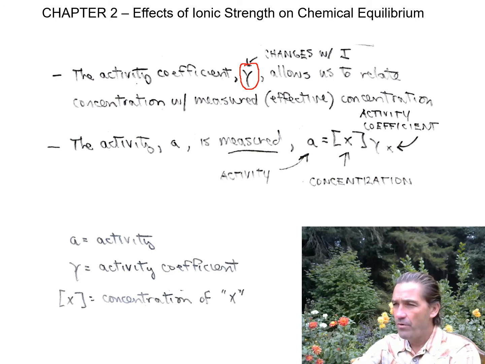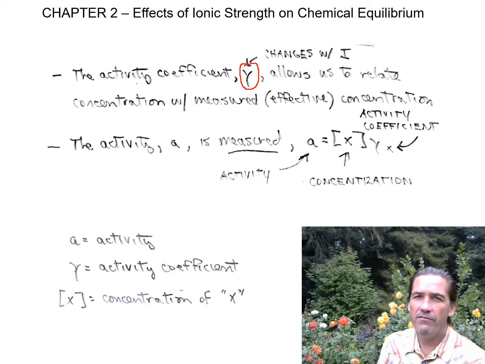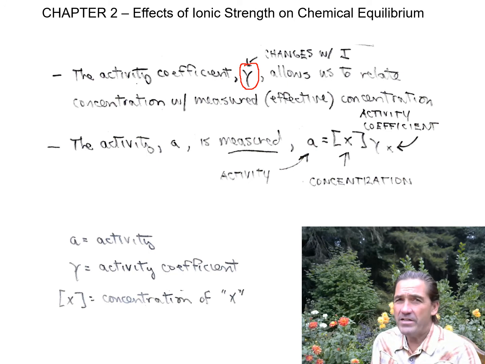And so what we're going to do now is kind of change our definition of equilibrium. We're actually going to use the proper definition of equilibrium. And so rather than in an equilibrium expression, we use concentrations. The actual definition uses what we call activity.